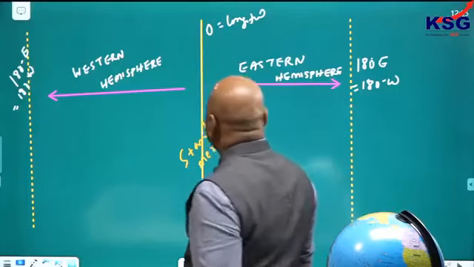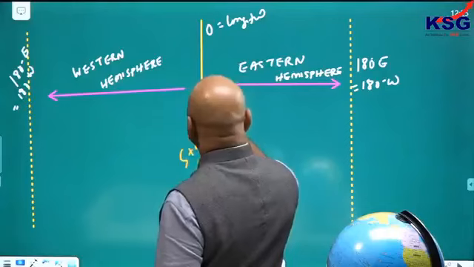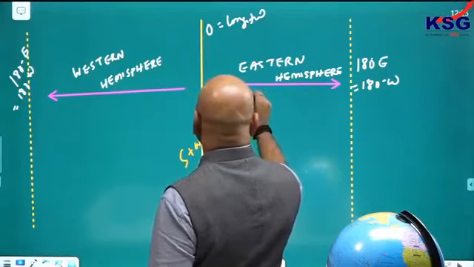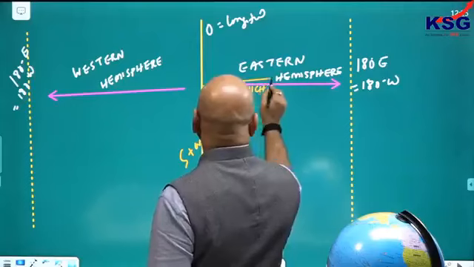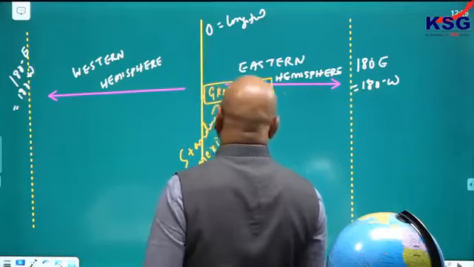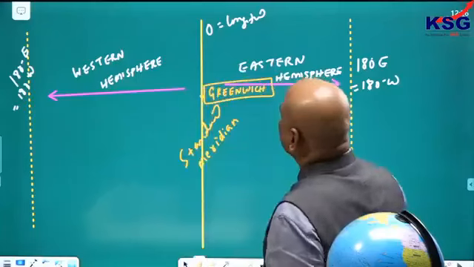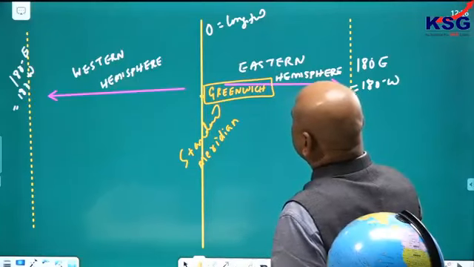The 0 degree meridian is passing through the city of Greenwich, Greenwich near London. Okay, a small city, Greenwich.